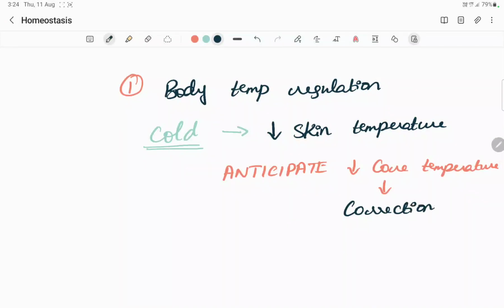It brings about correction, which is the shivering. Okay, so this is brought about by the hypothalamus. So in body temperature regulation, there is a decrease in skin temperature, but an anticipatory correction for a decrease in core temperature.